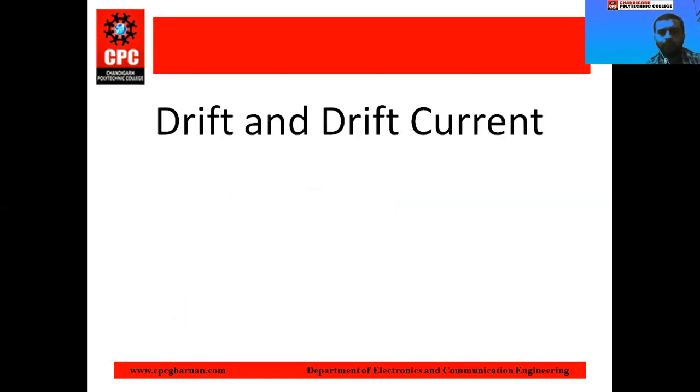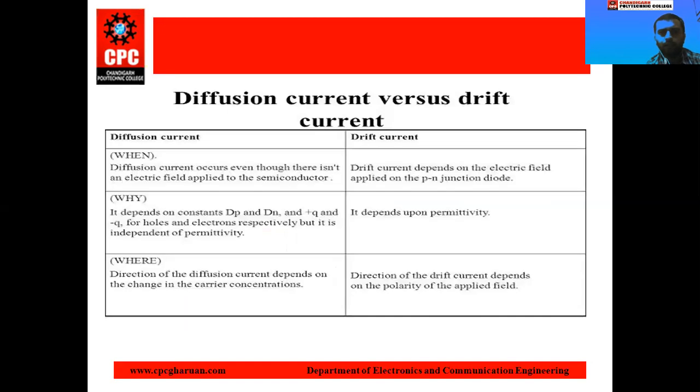Next is drift current and diffusion current. There are two types of current, diffusion current and drift current. Diffusion current is formed when p-type and n-type semiconductors are connected. A small amount of current flows at that time, which is known as diffusion current, because there are a large number of electrons in the n-type semiconductor and a large number of holes in the p-type semiconductor.